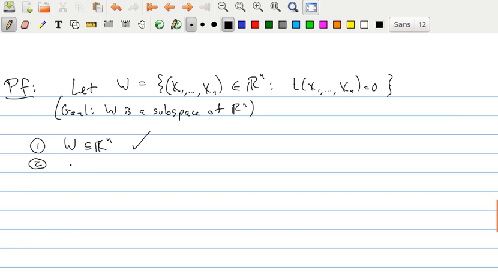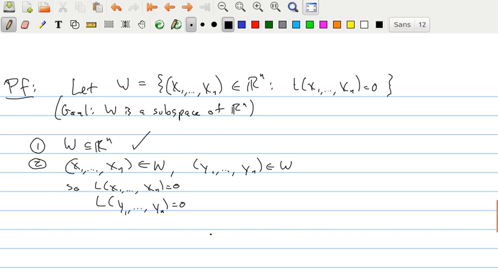So let's take some vector x1 through xn and a second vector y1 through yn. Let's let these both be in W. So what does this mean? Well, this says that L of x1 through xn equals 0, and L of y1 through yn is also 0.